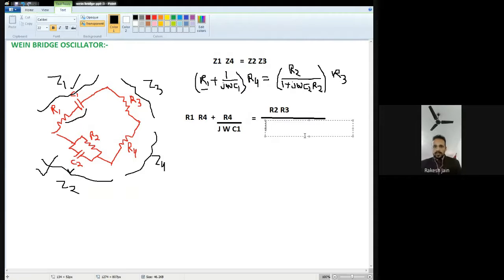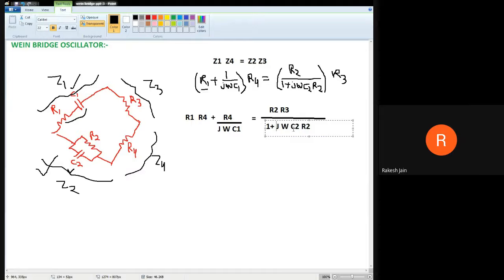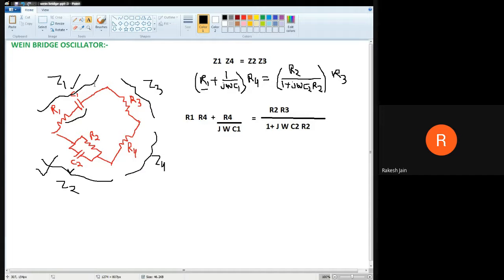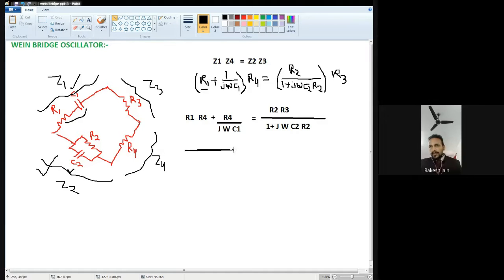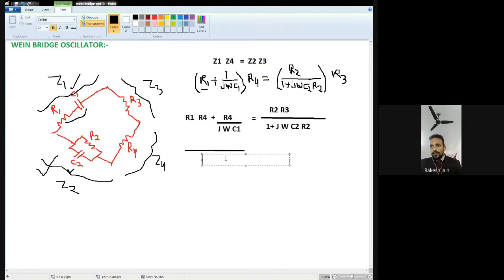On the left hand side, j omega C1 can be taken as LCM, so this must be multiplied with R1 R4.